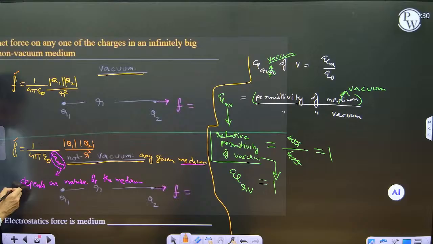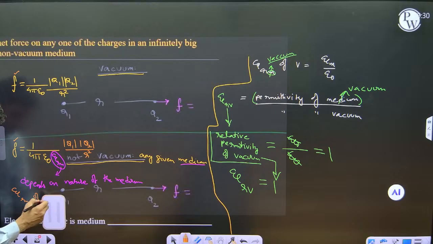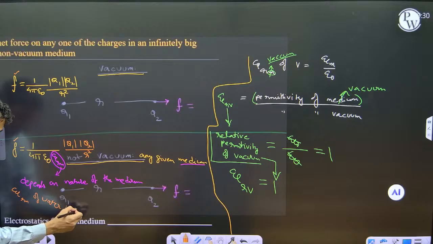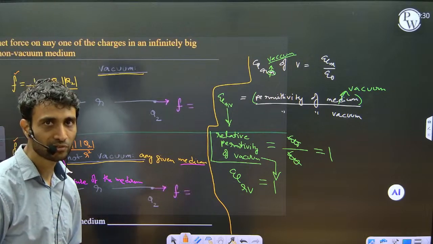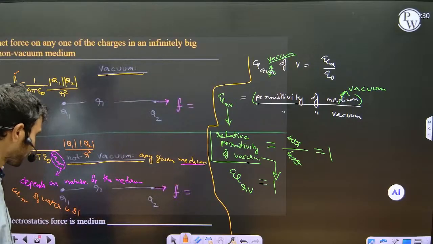And epsilon rm of water is how much, you know? Water is 81 and free space is 1, right? So likewise every different medium has its own value of epsilon rm.